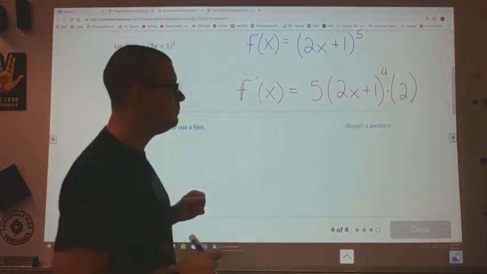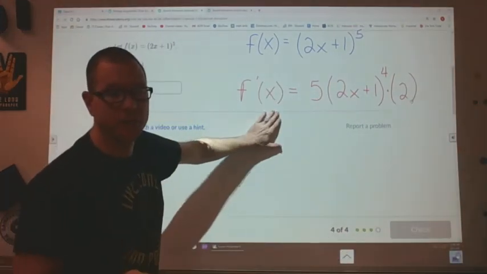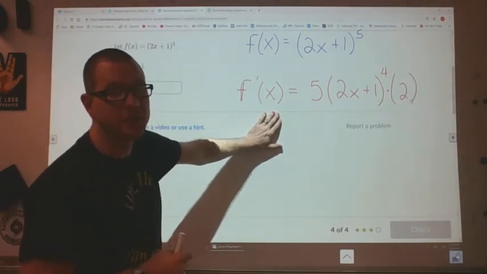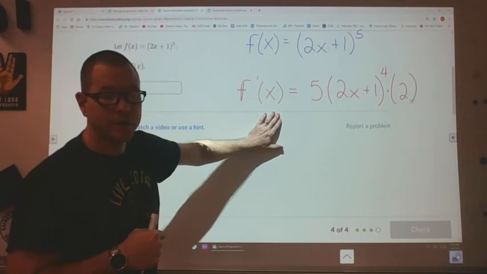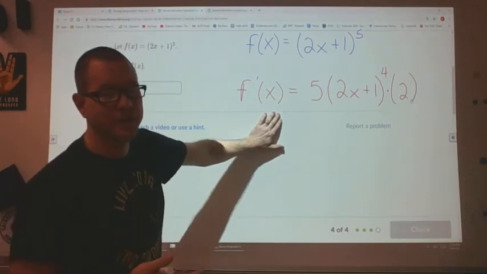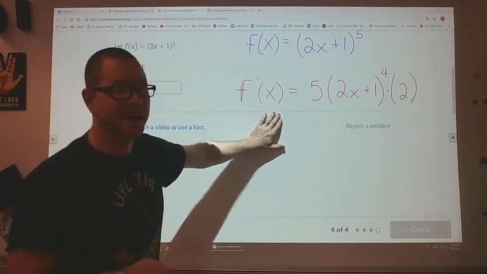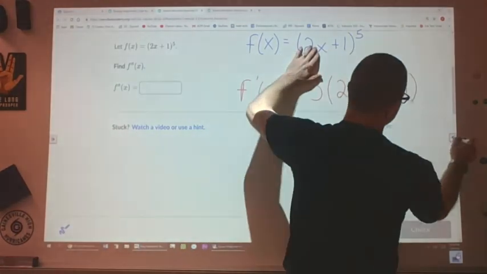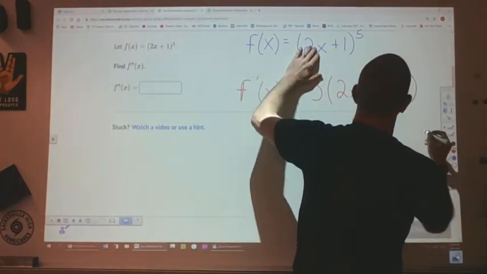Okay. And that's, again, chain rule. F prime at g times the derivative of g, or the outer function's derivative with the inner function plugged in, times the derivative of the inner function. And you can see that that's what we did.